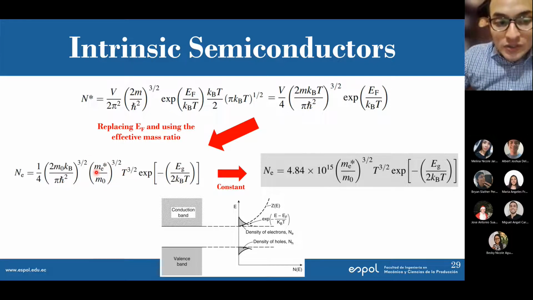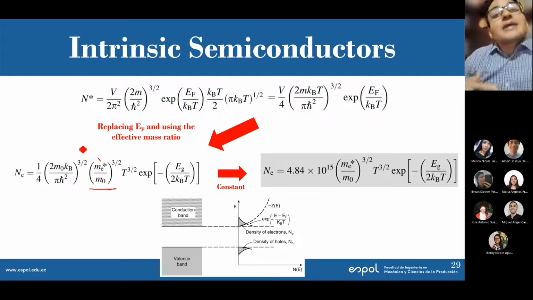But the idea here is just to introduce this term, and the whole term right here is the effective mass ratio. So the me that you see here with a star, that's the effective mass, and that is because in reality, the effective mass of an electron is not really the mass of an electron at rest.